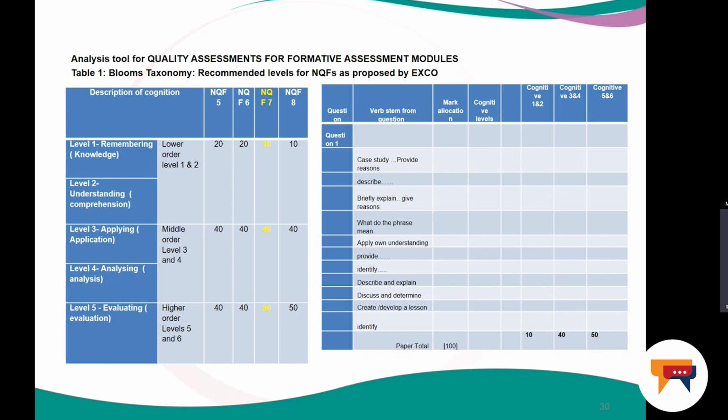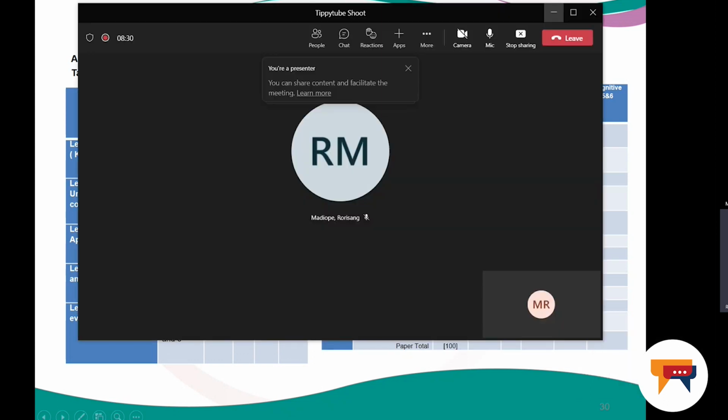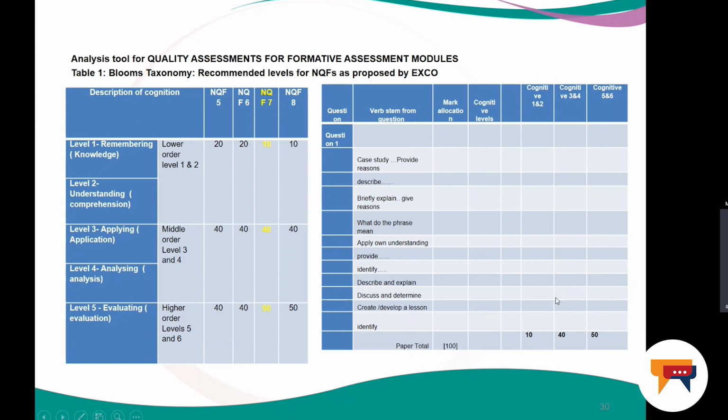On the right-hand side, it's 10, 40, 50. Level 1 and 2, you only get 10 points. Level 3 and 4, it's 40 weighting. Level 5 and 6, the weighting is 50.